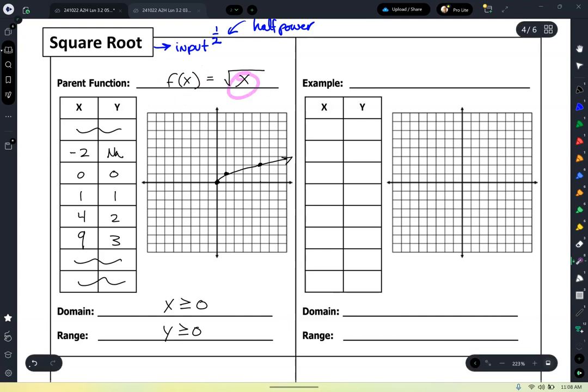We can't square root a negative value inside, and if we square root a positive value, we're never going to end up with a negative value out here, because the only way to get a negative is to have two different signs, and you can't take the square root of a number with two different signs. They'd have to be the same sign. That forces all of our range to also remain greater than or equal to 0, and so we're confined to quadrant 1 with our square root graph. Make sense? Kind of logical. Good so far?